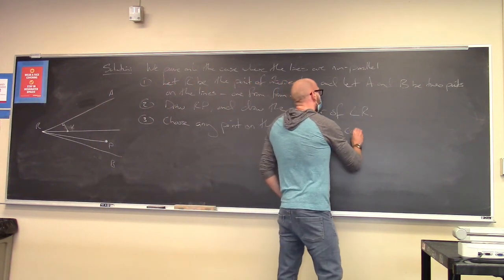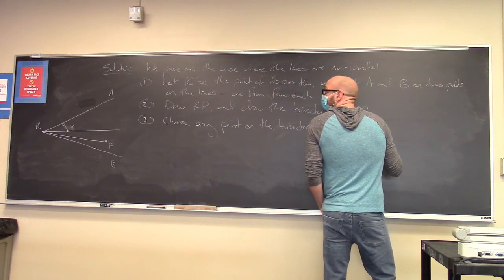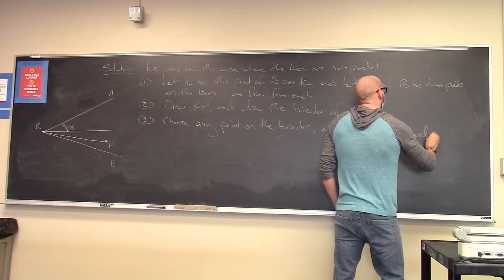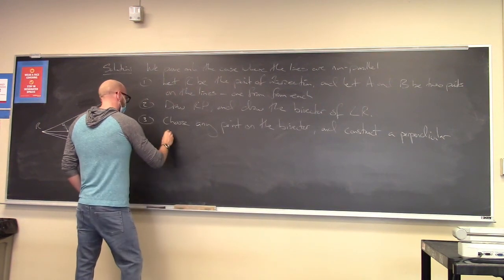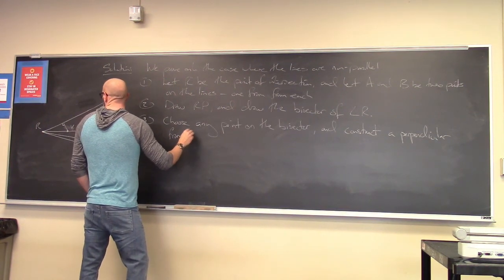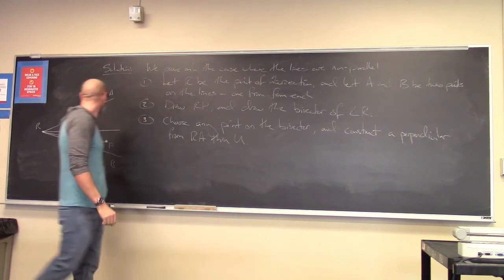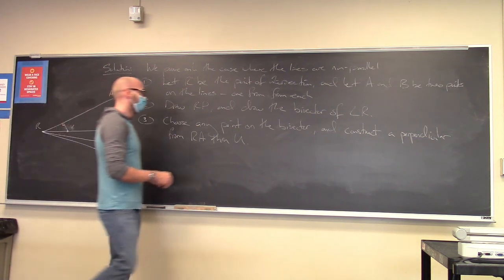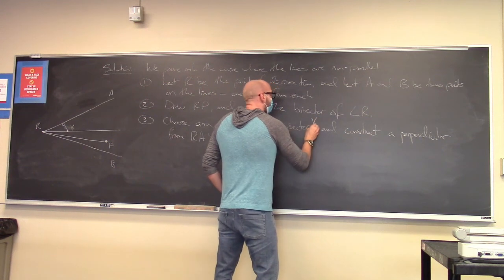And construct a perpendicular from RA through V. Choose any point on the bisector V. Sorry.